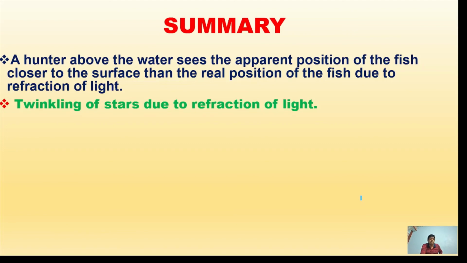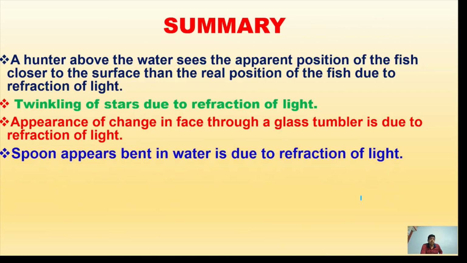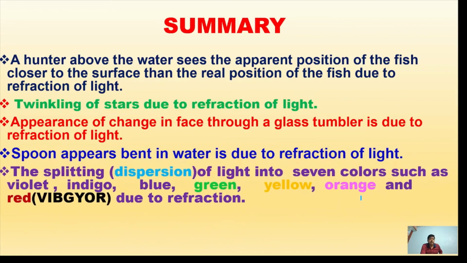This is one of the natural phenomena. Appearance of change in shape through a glass tumbler is also due to refraction of light. A spoon appears bent in water due to refraction of light. The splitting or dispersion of light into 7 colors such as violet, indigo, blue, green, yellow, orange and red is also due to refraction of light.